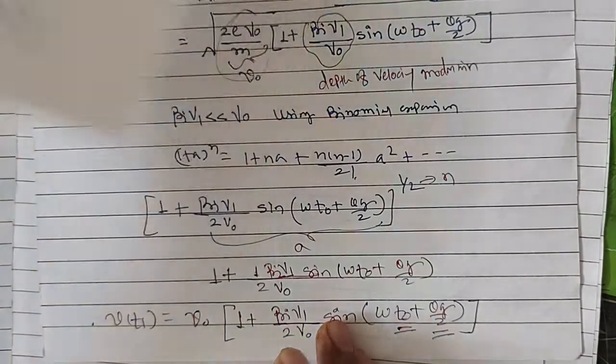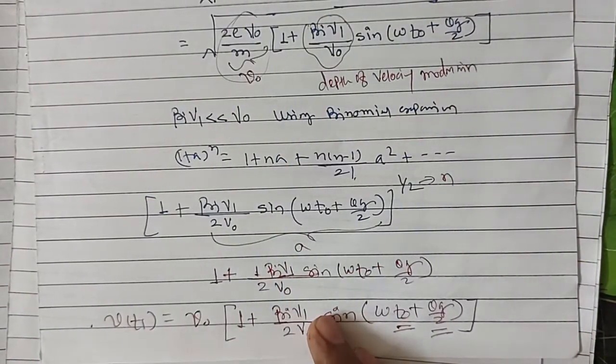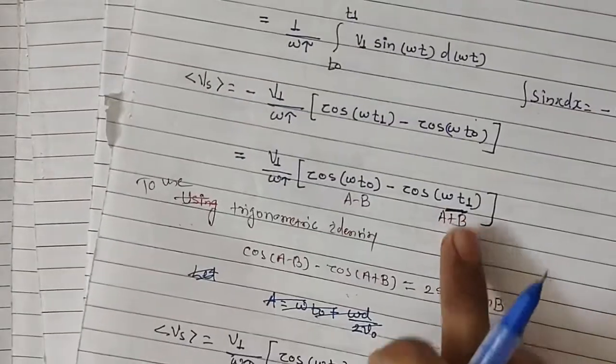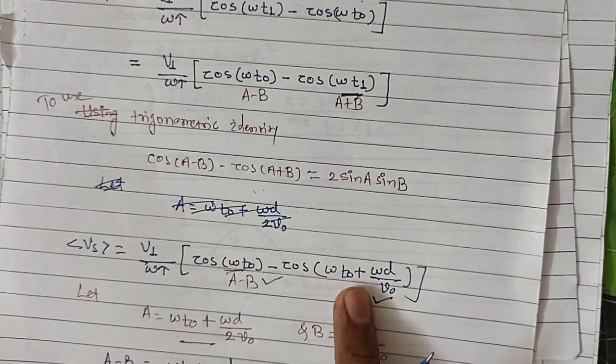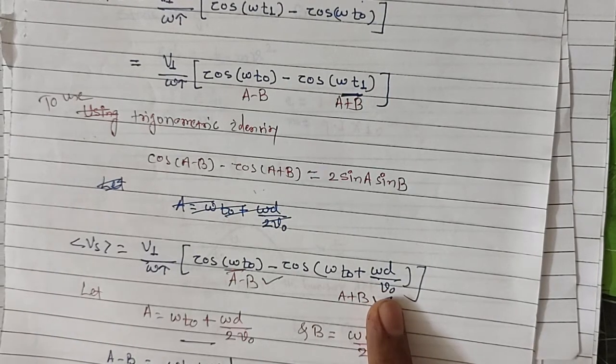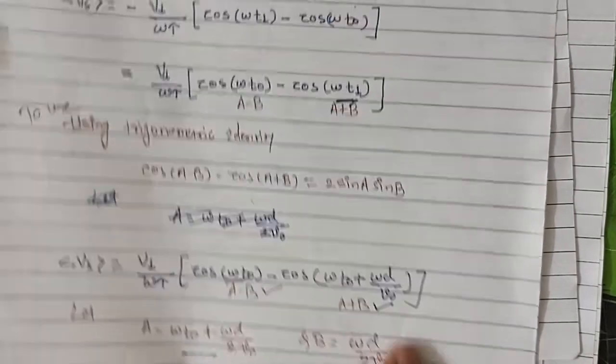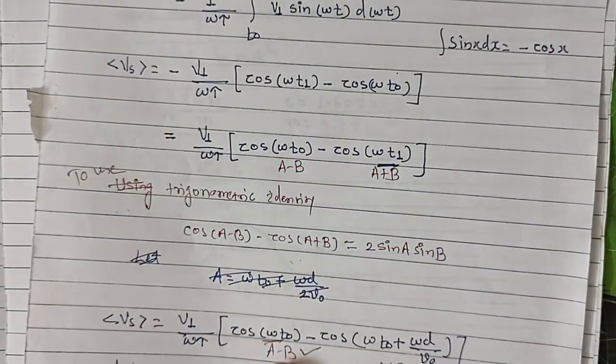As we have written here, we have replaced T1 in terms of T0 and theta G. We can always write this T0 in terms of T1.